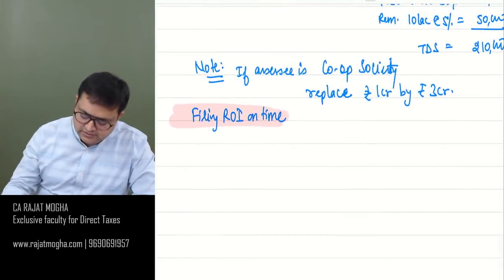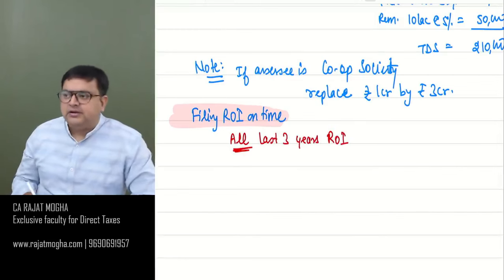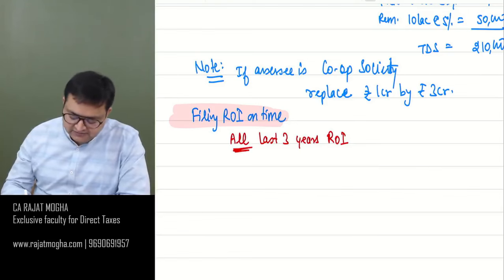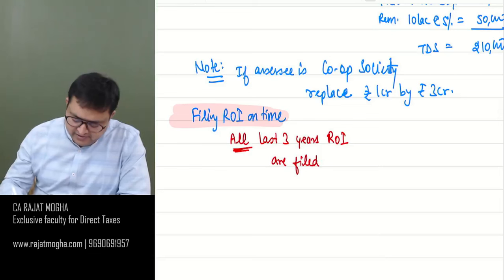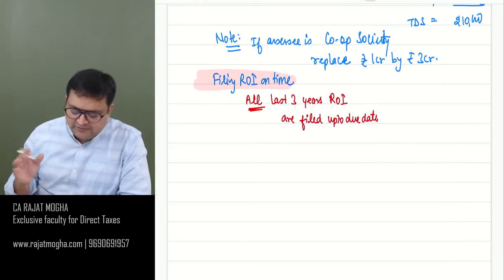If all the last 3 previous year returns, if the last 3 ROIs are filed on time, I mean filed up to the due date.